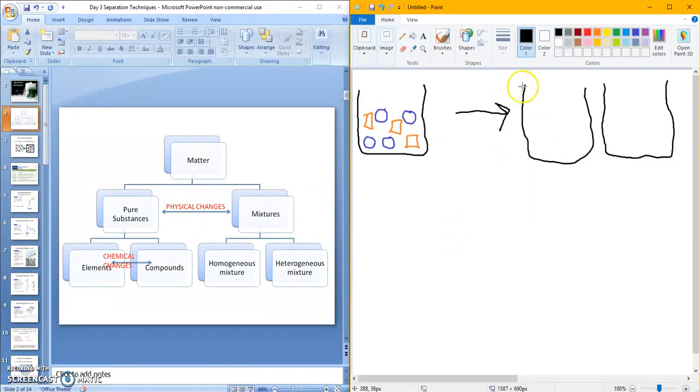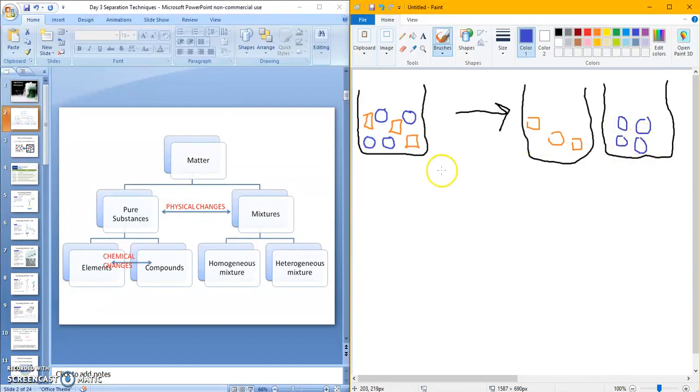Go ahead and try that. Okay, so for me, I chose to do just regular old orange boxes, and when I separate them out, I have orange boxes over here. This is supposed to be a box, kind of. Okay, there we go. And then I have the circles over here.